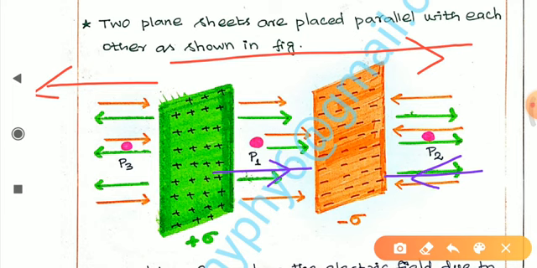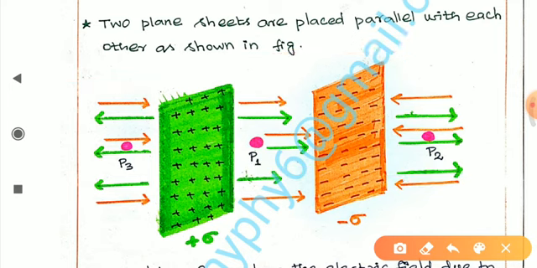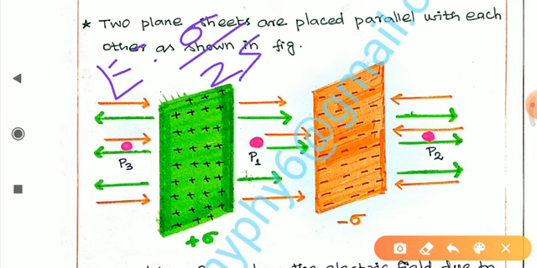First of all, we can see how the electric field can be calculated due to these two parallel plane charged sheets. Due to the positive surface charge density plate, the electric field is E equal to sigma by 2 epsilon naught.